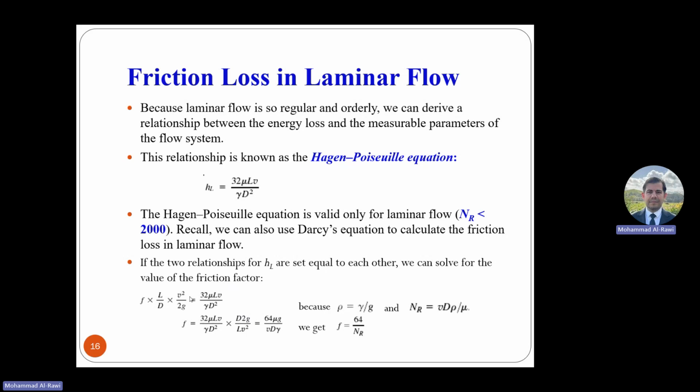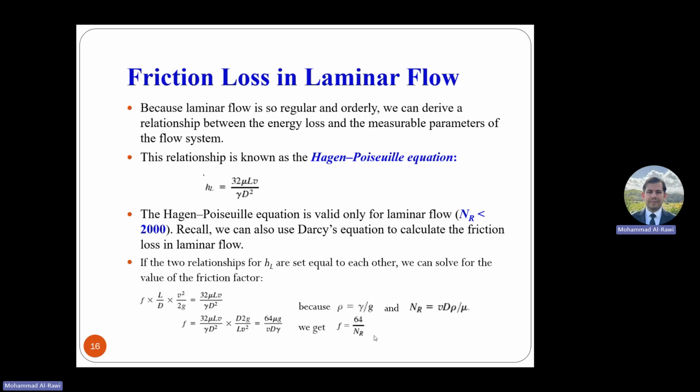After canceling some of the parts, you can see the D will cancel with the D squared, V with the V squared, and the 32 will cancel as well, and mu and g you can find because of the relationship between them: density is gamma over g, and Reynolds number is V D density divided by mu. So all of that will end up giving a relationship of 64 over Reynolds.